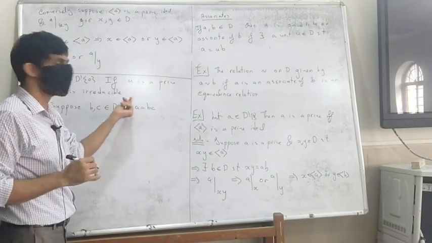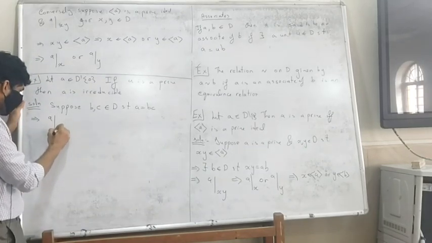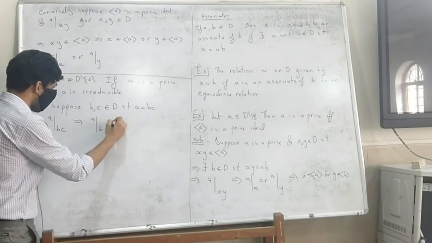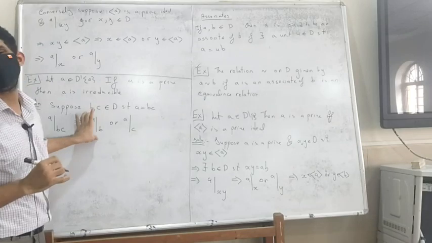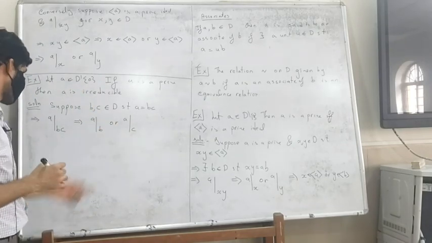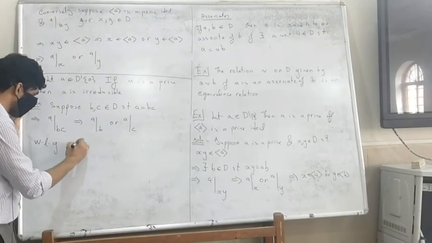Because BC is 1 times A. Now using the fact that A is prime, you will see that A divides B or A divides C. Of course we can just assume that this happens without any loss of generality, otherwise you copy the same thing which we have done here for that.